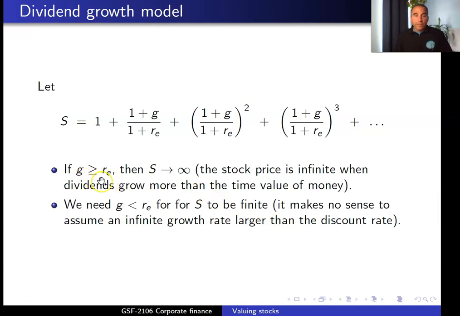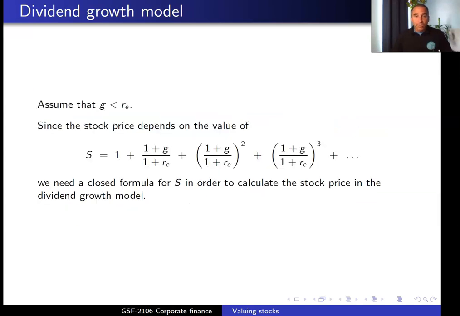So if g is greater than or equal to RE, this summation S goes to infinity. If g is smaller than RE, then we will be able to find a closed form solution for the summation S. So assume that g is strictly smaller than RE. So what is the value of S?